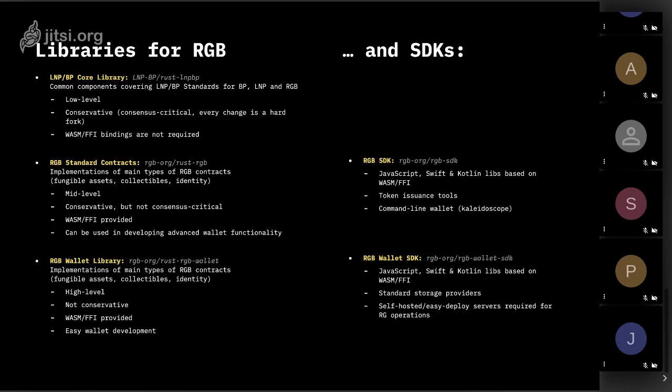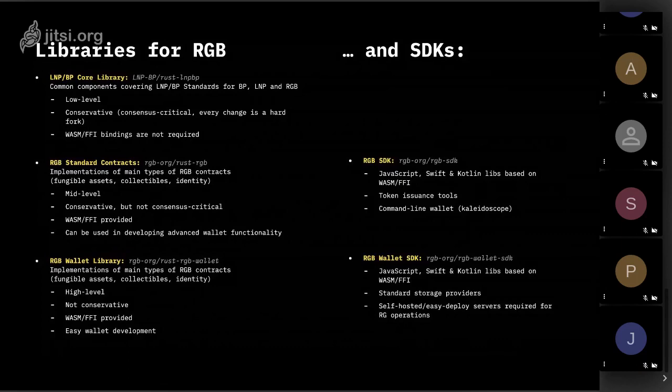So you have very granular control, but for a single specific type of RGB contracts. It's a mid-level, still quite conservative. It will be provided with WASM bindings and C bindings.